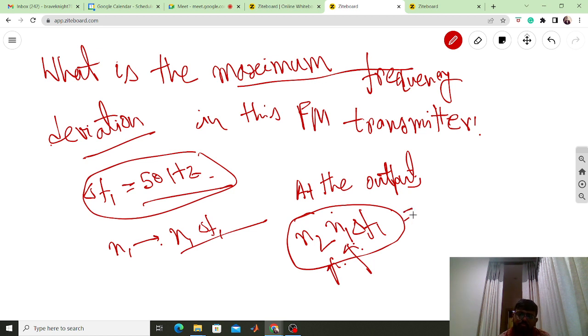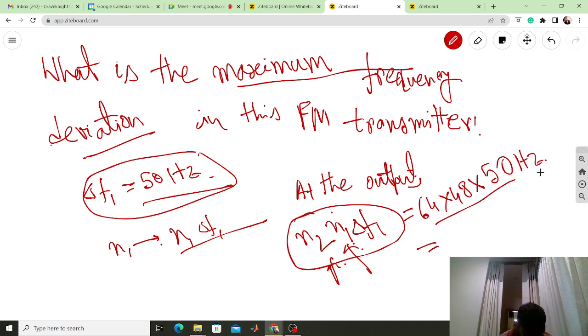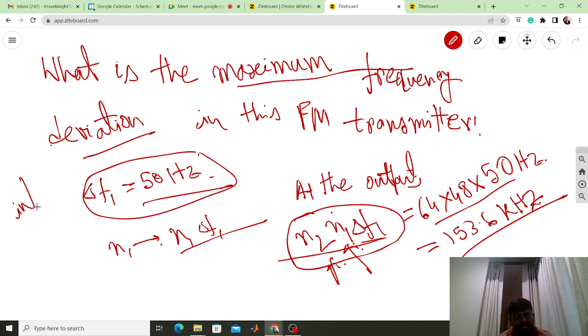So this is actually 64 and 48 into 50. It comes on about 153.6 kilohertz. So this is the frequency variation at the output, and this is the frequency variation in the input, you can think of, before applying the multipliers and after applying the multipliers.